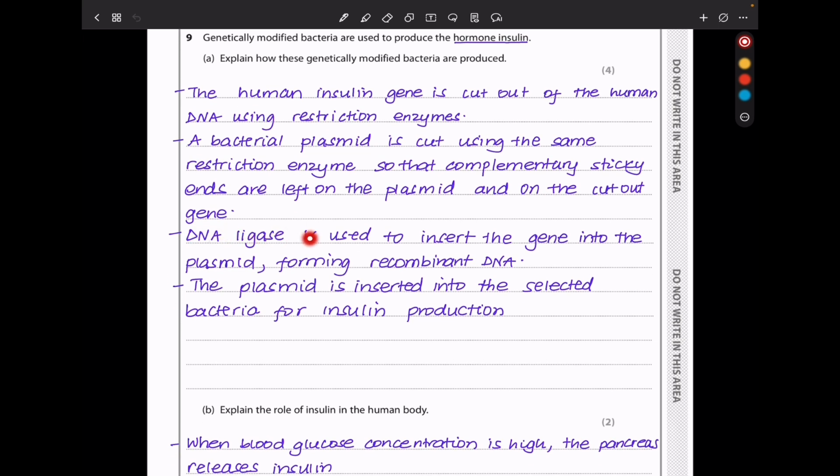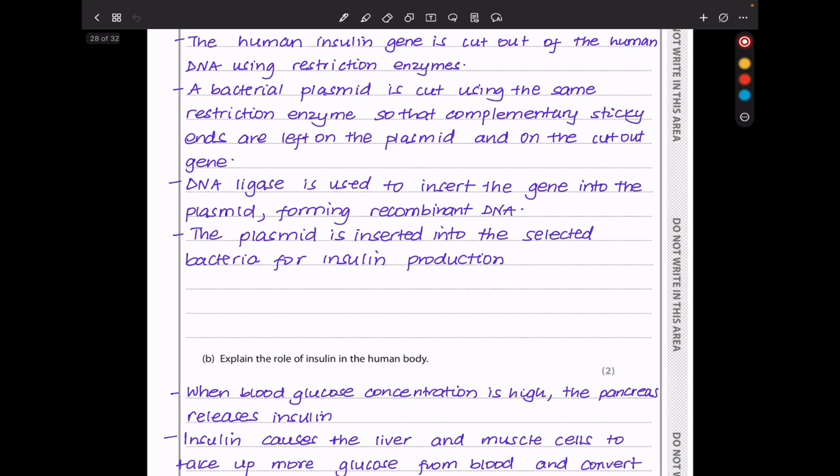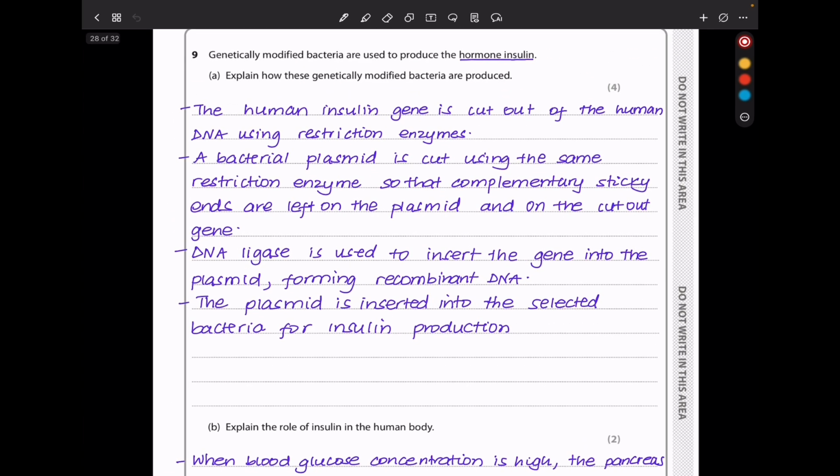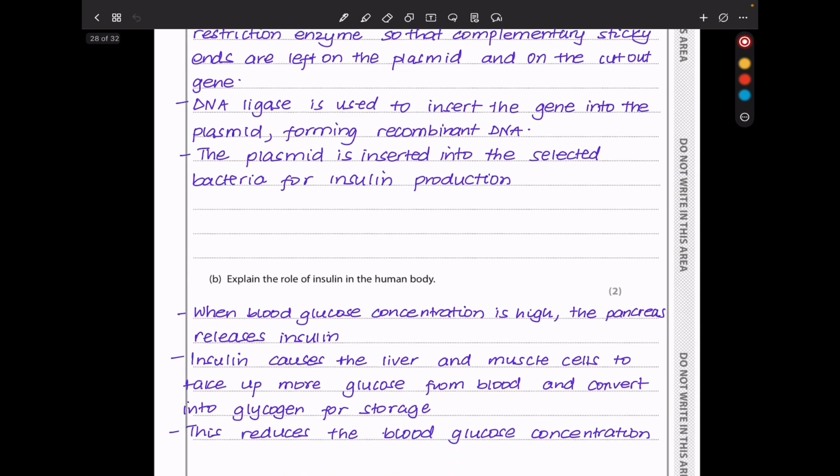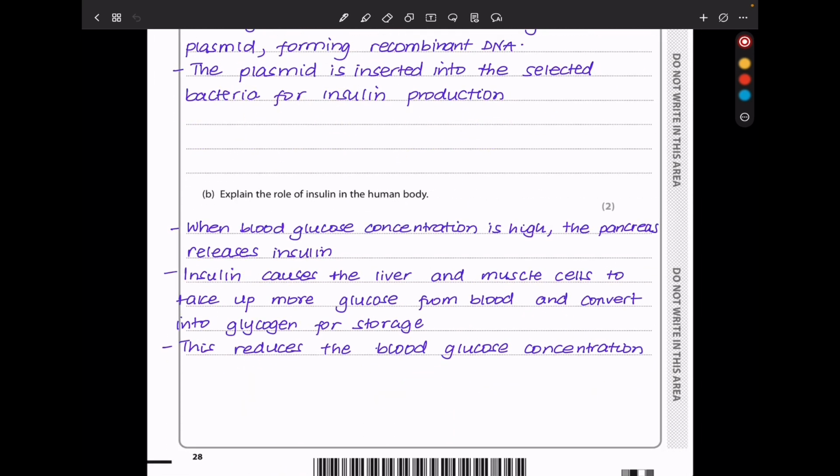Then we can use DNA ligase, which is going to help us to insert the gene into the plasmid in order to form the recombinant DNA. The plasmid is going to be inserted into selected bacteria or a specific strain of bacteria, which is going to be used for insulin production.